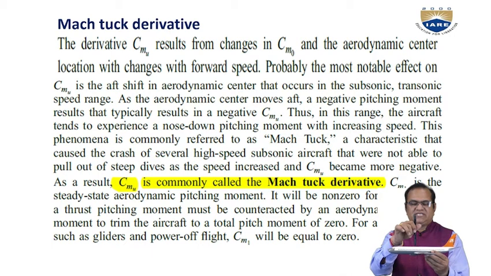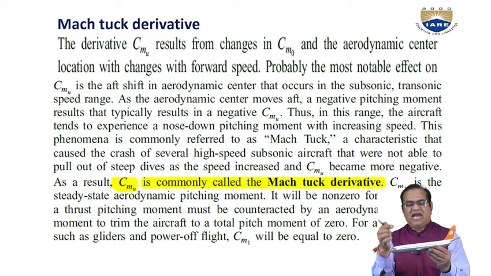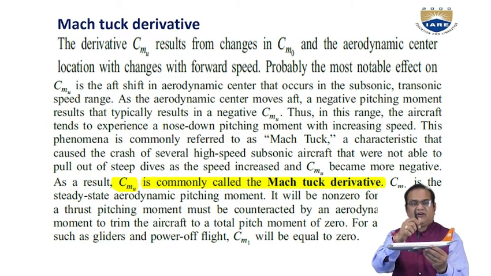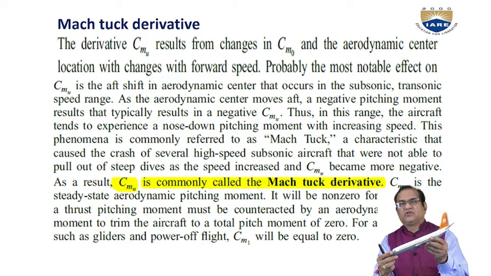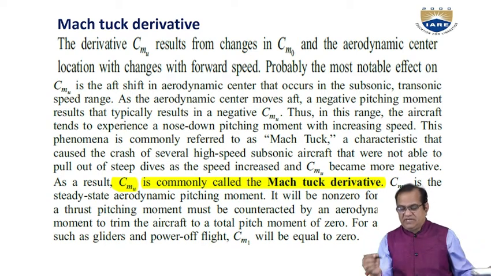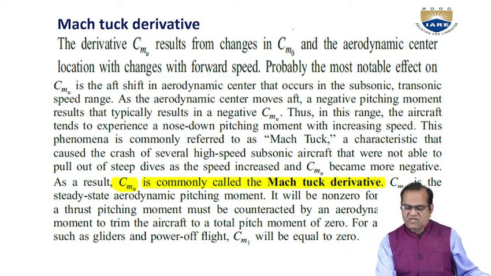So what will happen if CG is here and initially AC was here, it will be little, but as the aerodynamic center moves backward, the aircraft will nose down. So the Cm here, if you see, dCm by du is much higher negative.